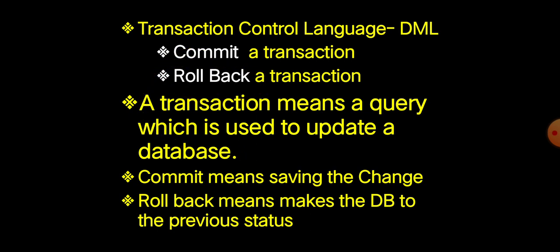My dear children, actually transaction control language is not in your syllabus, but we should be aware of what it is in SQL. That is why I told you it has a strong relationship with DML. So what are the two commands in transaction? Commit and rollback.